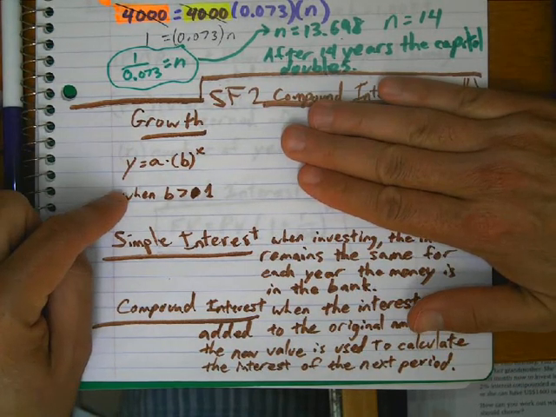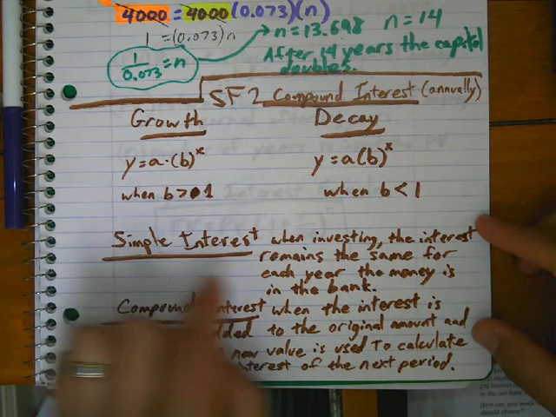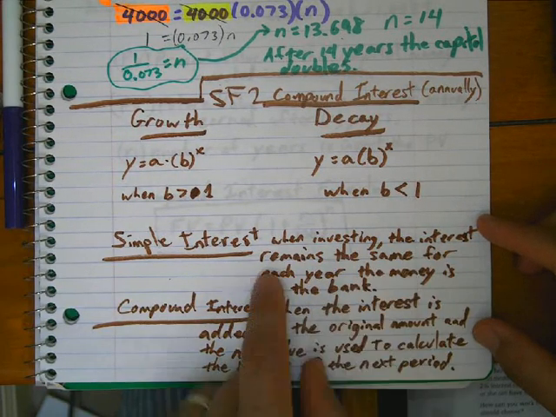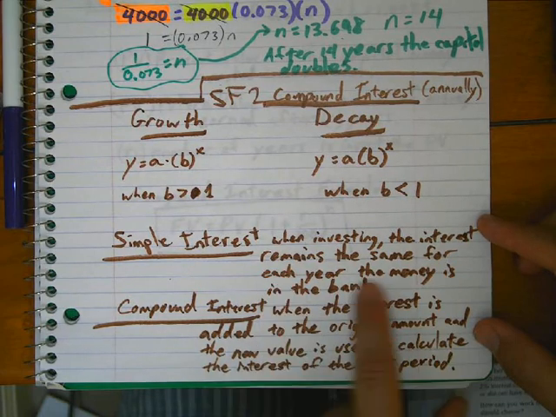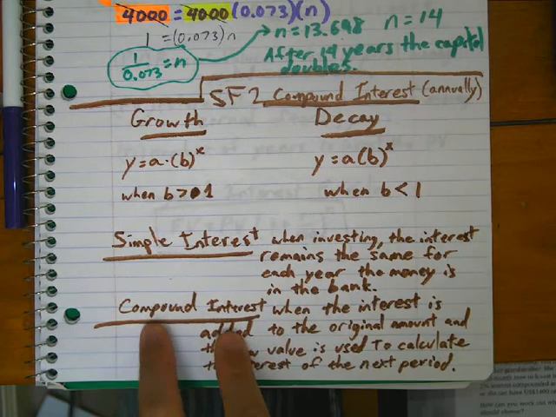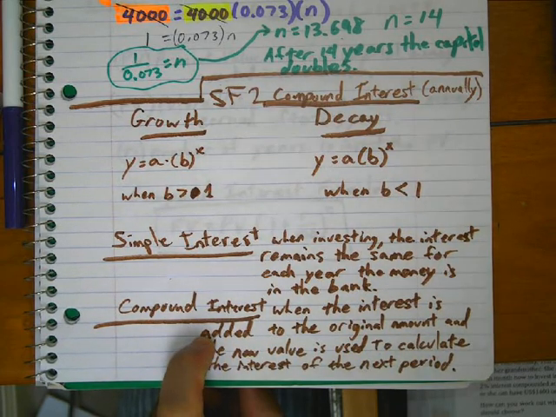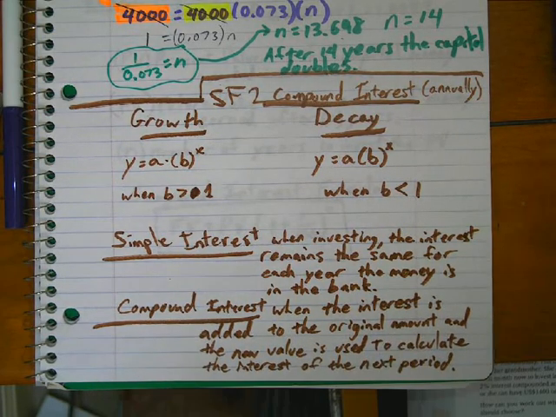Okay. So in the previous lesson, we learned about simple interest, which when investing, the interest remains the same for the entire year based on the money that you initially invested. Compound interest, when the interest for each compounding period, so let's just say it's annual interest.